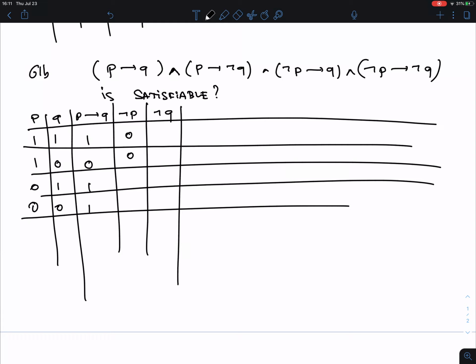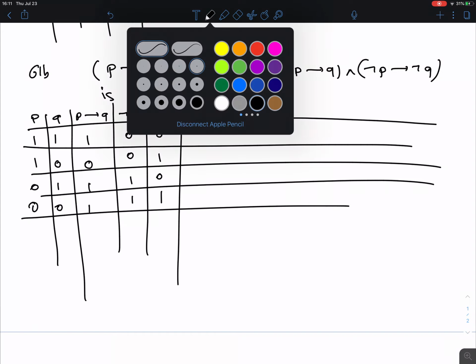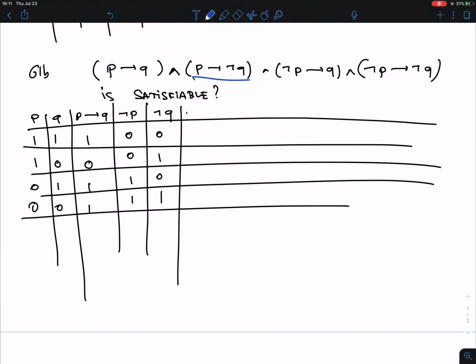So this is 0, 0, 1, 1, 0, 1, 0, 1. Okay, so we need this guy, P then not Q. So I'm looking for ones here and zeros there. That is only going to happen in this top row. Okay, so that's a 0 then, and everyone else a 1.